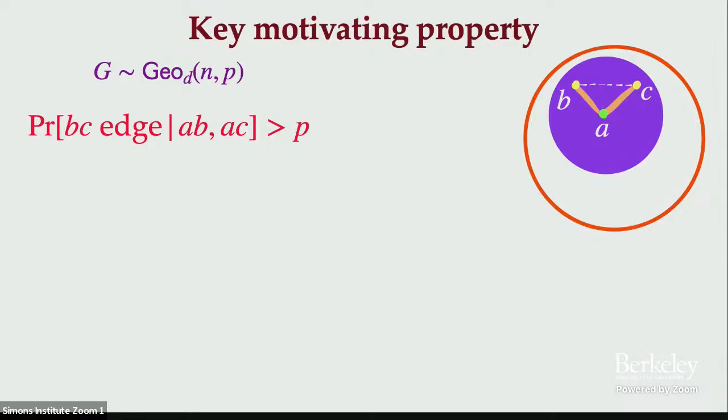Specifically, if we know that in the graph an edge exists between vertices A and B and between A and C, that means B and C, as we commented before, will need to land in the sphere cap around A. Because of that, the probability of BC having an edge between them is much higher than the probability that a random pair B, C on the sphere will have an edge. So this probability is much bigger than p, which is the marginal probability that an edge exists if they just come from two random points on the sphere.